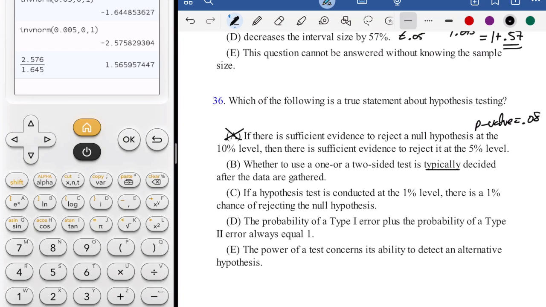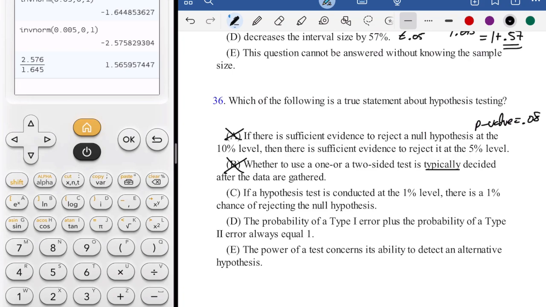In the pure sense, we don't decide after the fact what the alpha is going to be. Those are just for people who want to prove a point, and they're really just forcing the data to prove their point. That's not the correct way of doing it, but that's what people do sometimes.